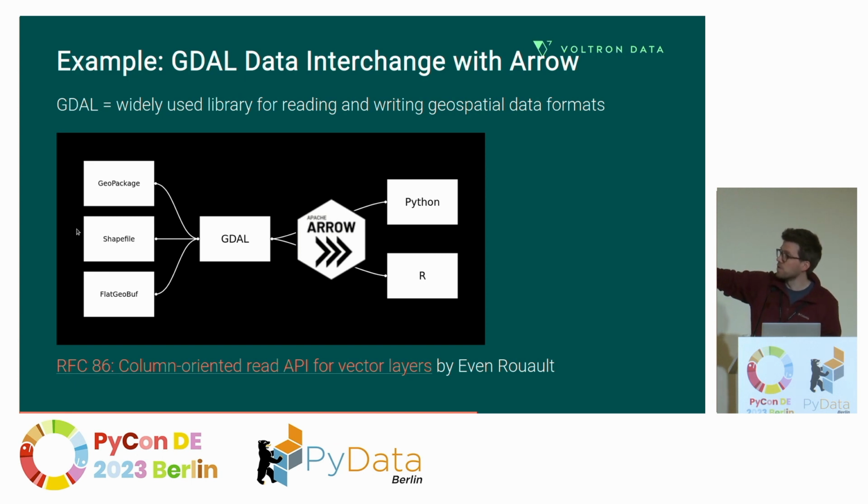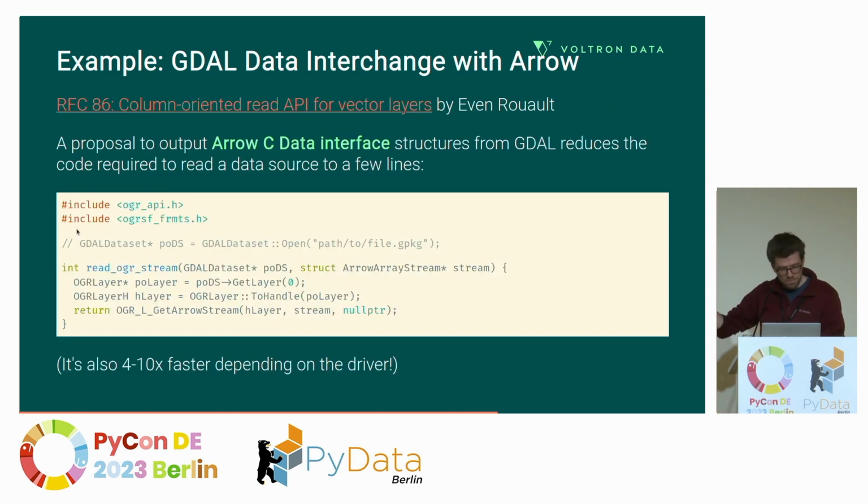GDAL can then also even optimize it depending on the file that they are reading, how to construct the Arrow data. I'm going to skip this a little bit, but it's also using the C Data interface so that anyone who implements it can consume that, can directly integrate with GDAL, and it gives a very nice speed up, apart from just being much easier to use as a consuming library.